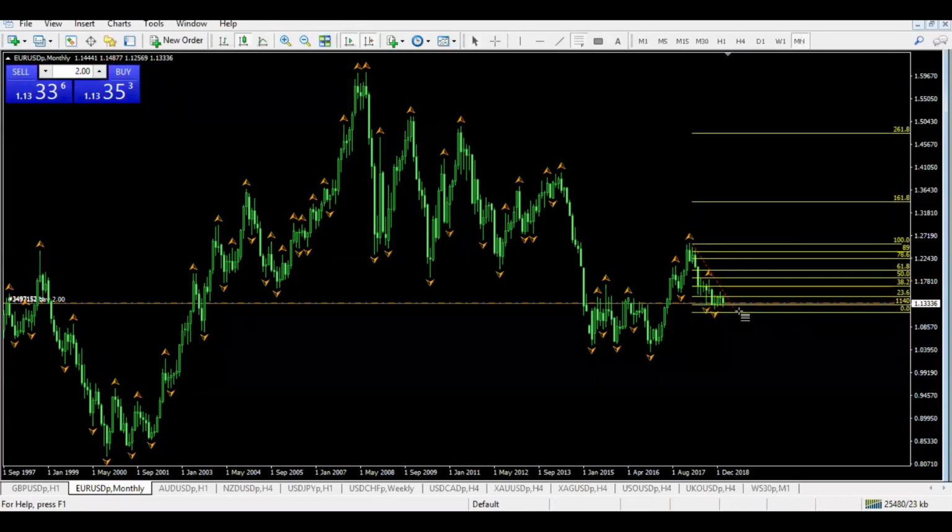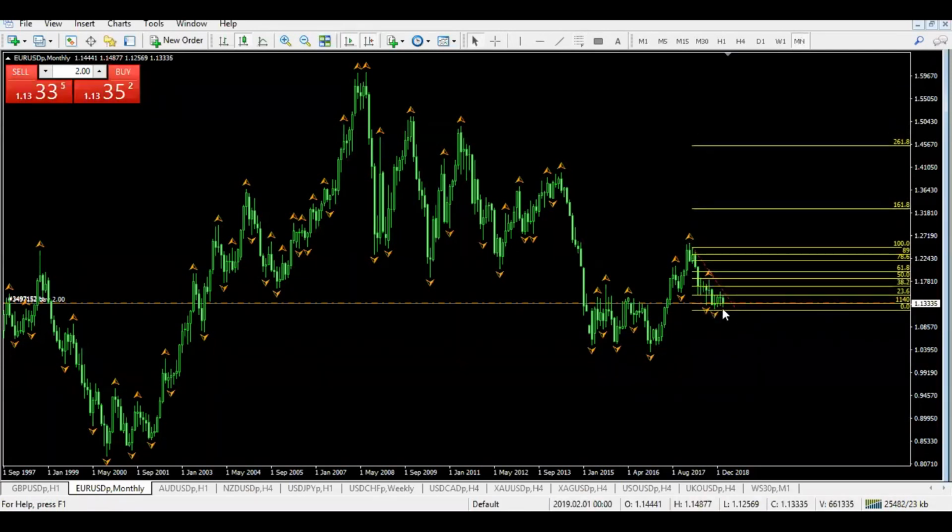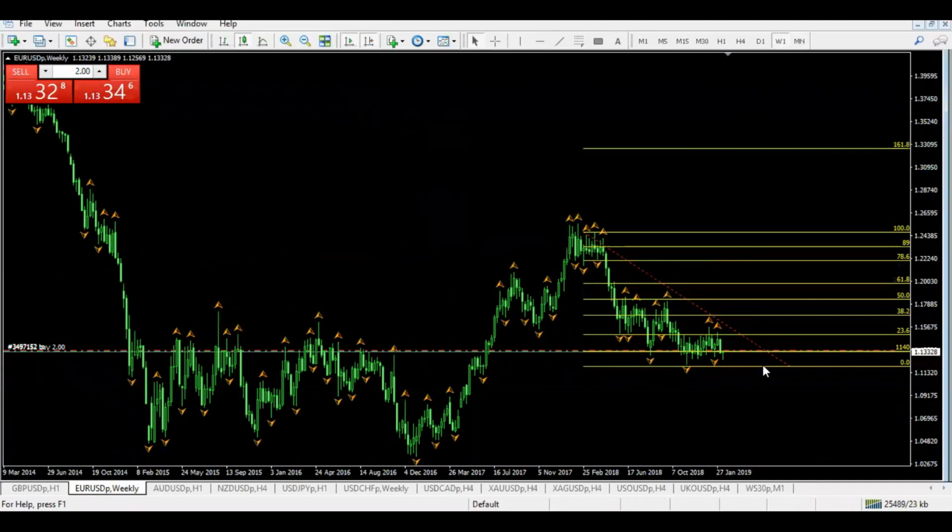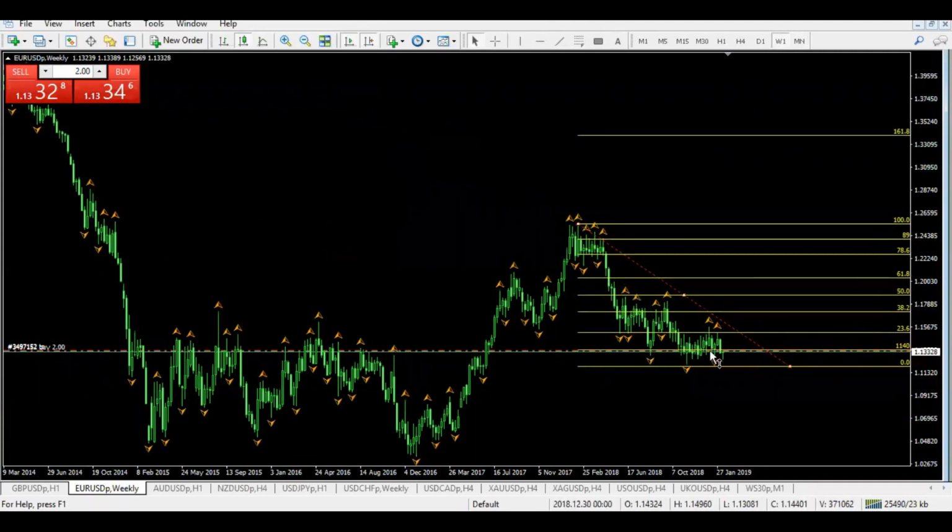I'm drawing this Fibonacci with risking, because every moment it may break my zero. So it was a confirmation. That's the weekly time frame. In the weekly time frame, when you do it from the top to bottom, your price is under 23. And the rule is that if the price is not under 23, it's not confirmed. And if I draw the Fibonacci from bottom to top, it would be 50.